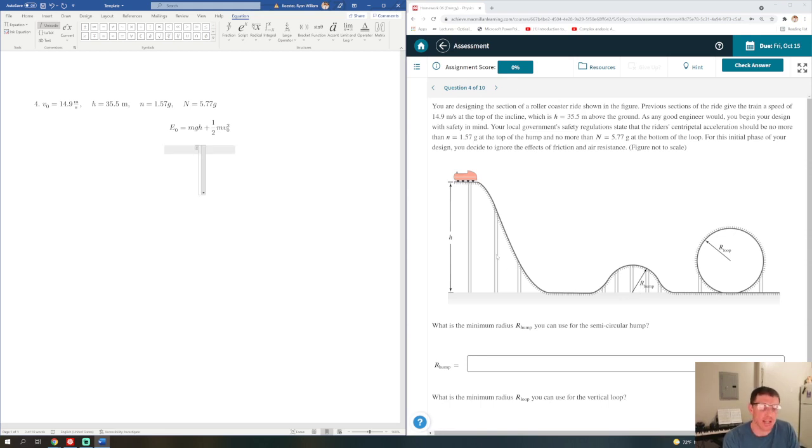Now, I don't think it's any secret that we're going to have some gravitational potential energy and kinetic energy there. And I'm not going to call it big R with a full word in the subscript. I'm just going to call it little r, just so we're all clear about that. But there's also kinetic energy there, right?